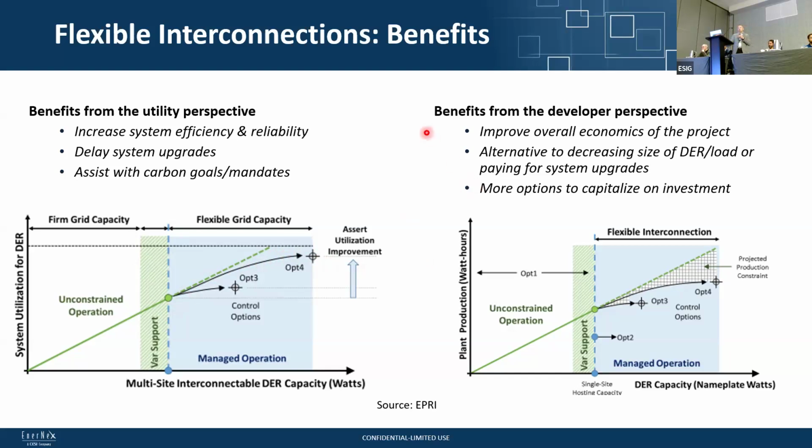From the utility perspective, it hopefully delays some system upgrades while you can get those planned out. But from a developer perspective, this allows them to at least connect at a higher capacity than traditionally the hosting capacity would allow for. For them, obviously, that might be increased revenue, but they have to see what makes sense on their end.